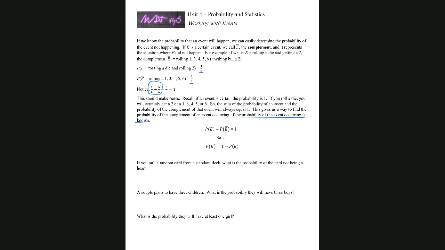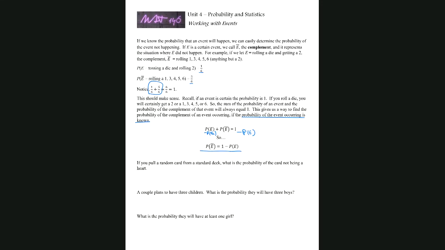So with a little bit of subtraction, subtracting the probability that the event will occur, so minus P of E, we get the following formula. To find the probability of the complement of an event, we can take 1 and subtract the probability that the event occurs.